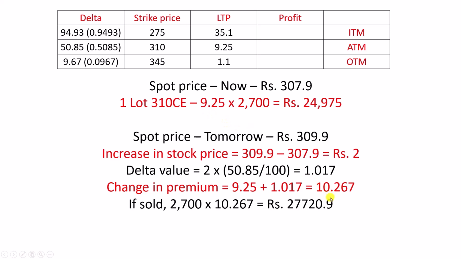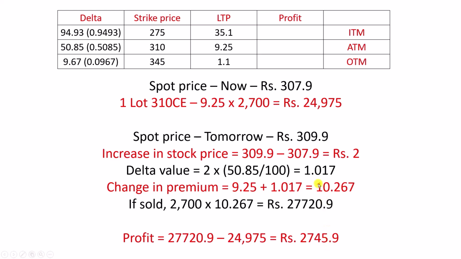So if I sell the lot today, which I had bought yesterday, I will get 2,700 into 10.267 rupees, which is this much. I had bought by paying this much. If I sell today, I will get this much, and the profit would be this one minus this one, which is 2745.9 rupees.